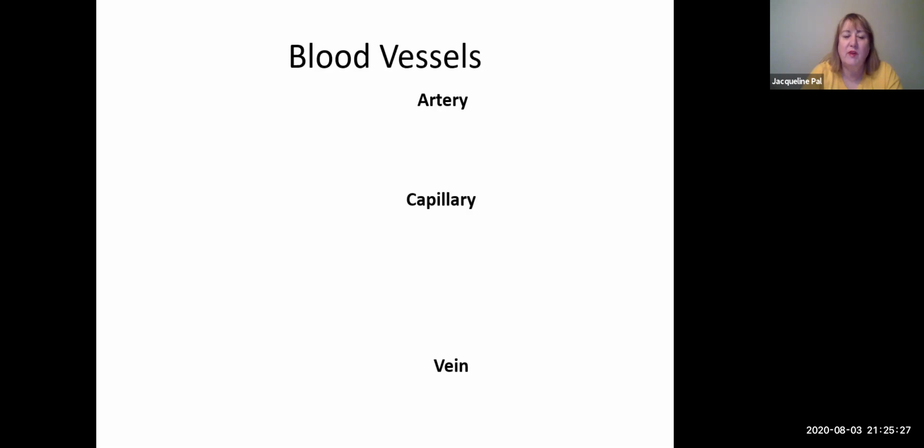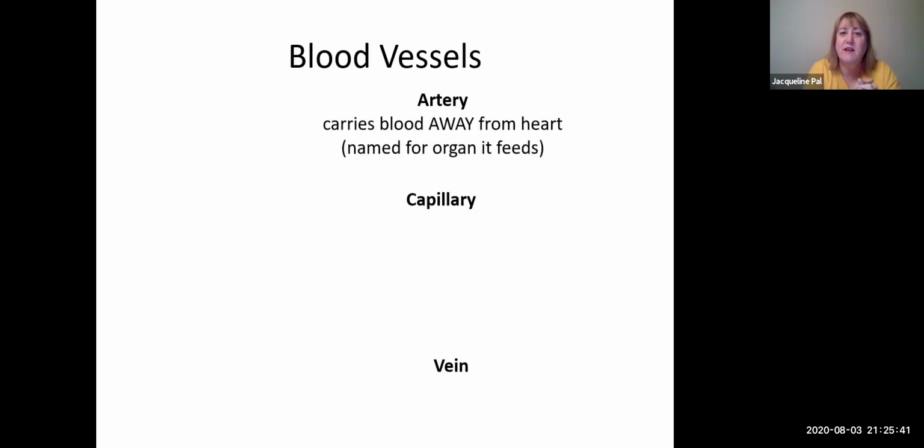When we look at our blood vessels, they fall into three big categories: our arteries, our capillaries, and our veins. So artery, beginning with an A, by definition, is a blood vessel that carries blood away from the heart. It has nothing to do with whether or not that is oxygenated or deoxygenated blood.